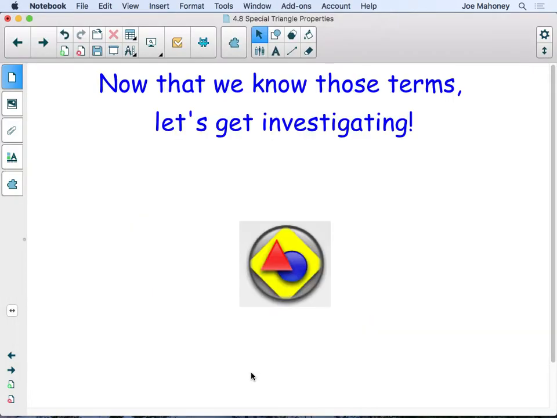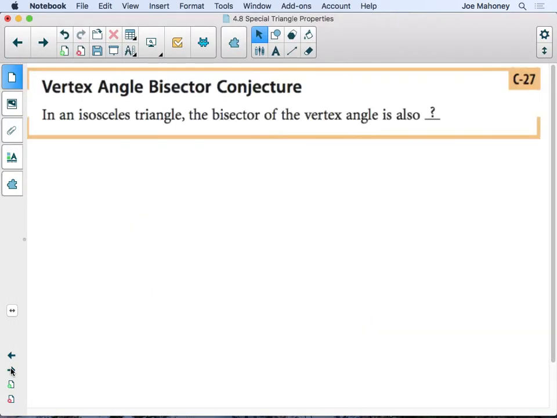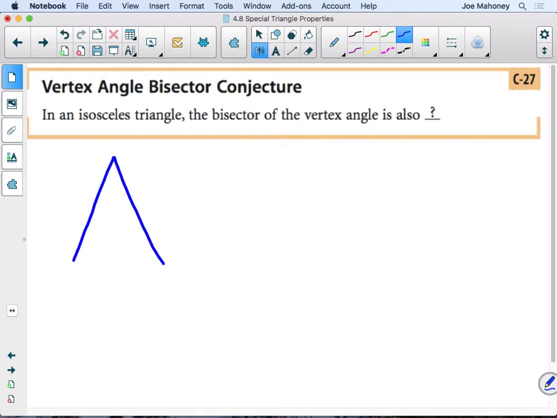So let's get back to our lesson and check this out. Here's our conjecture. We're going to say in an isosceles triangle, so I'm going to start by drawing an isosceles triangle. Here's my isosceles triangle. If I bisect the vertex angle, what other segments is that angle bisector?